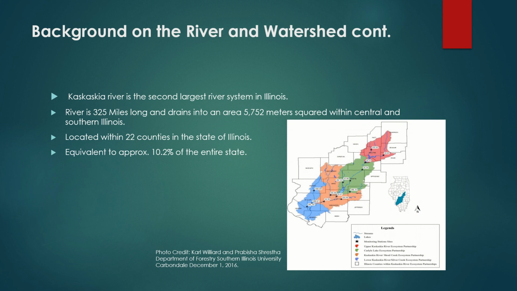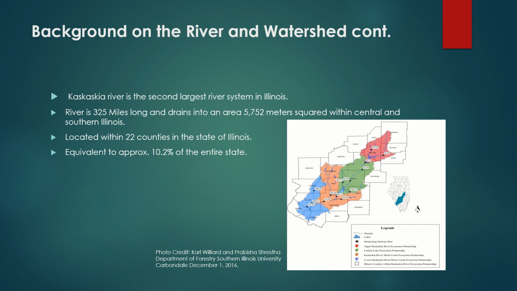So looking at the Kaskaskia River, it is the second largest river system in Illinois. The river is 325 miles long, and it drains an area of almost 6,000 meters squared within the central and southern portion of Illinois. It's a very important natural feature.